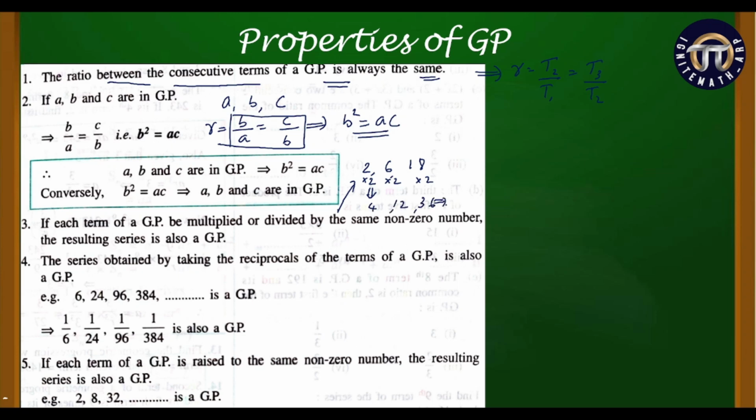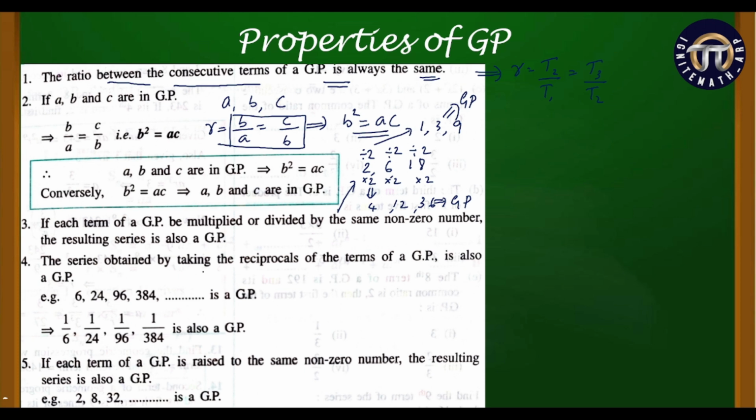So this also forms a GP. Clear? If I divide each and every term by 2, then I would get 1, then 3, then 9. So this also is going to be GP.